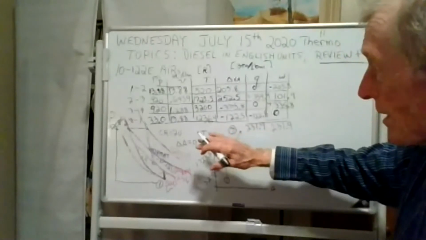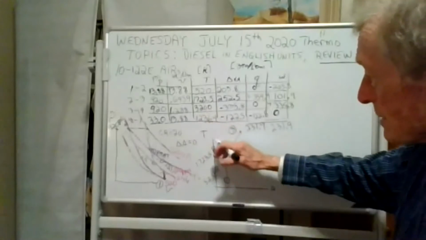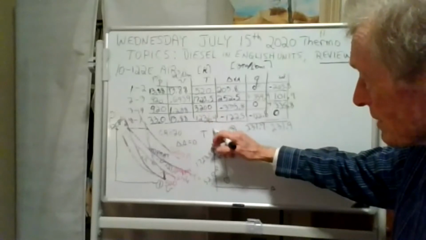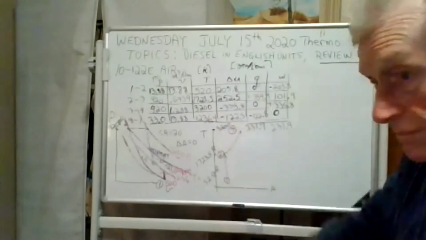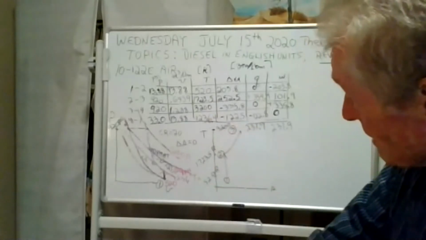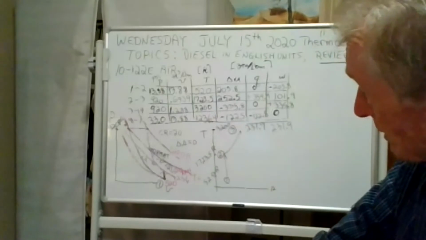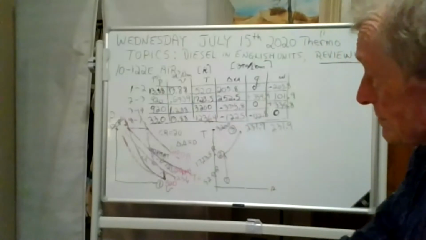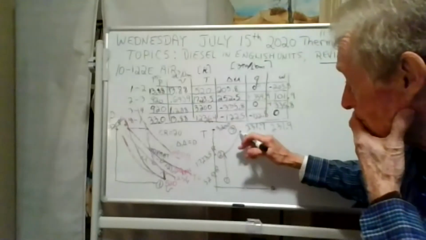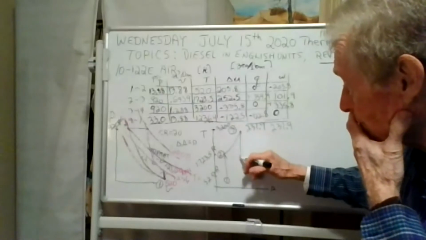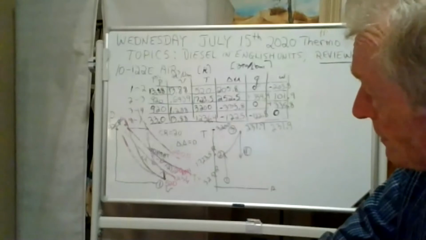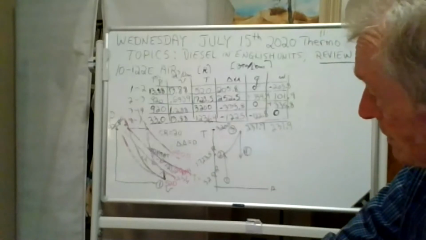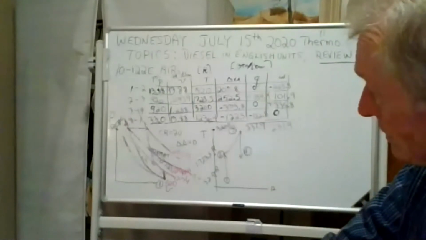And see, it's real hot. State 3 is 3200. So it would be right here, 3200. And then you got to go straight down again to state 4. And then what's 4 to 1? Oh, no, wait a minute.